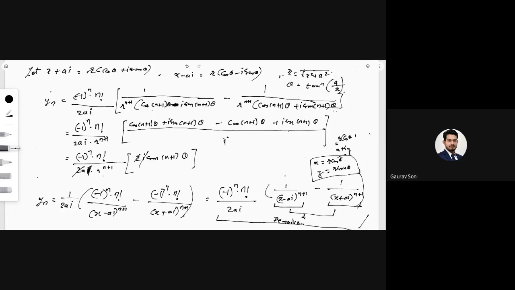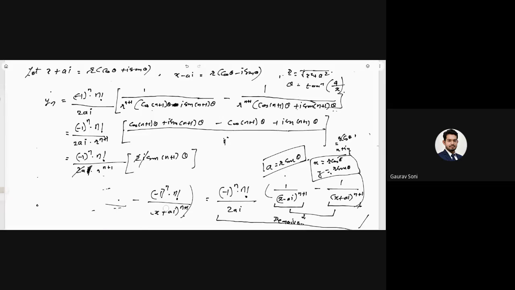Now, what is our y in this case? I have put x plus ai. So a is equal to r sine theta. Is everyone clear with this step? Yes, sir. So now the value of a is equal to r sine theta.